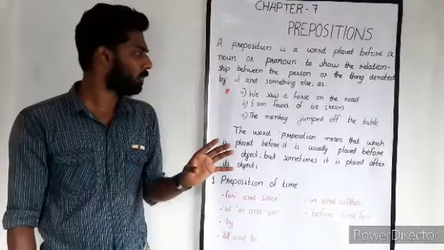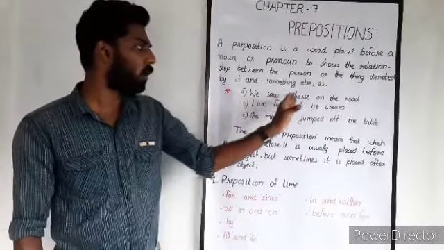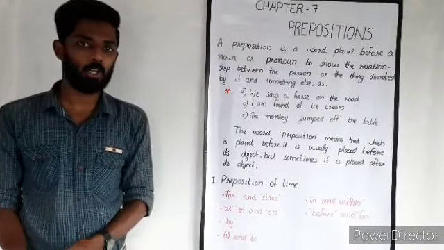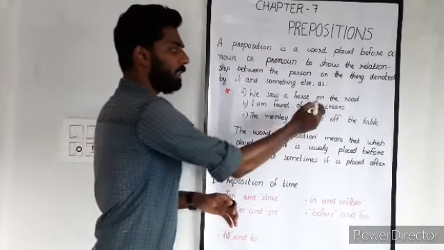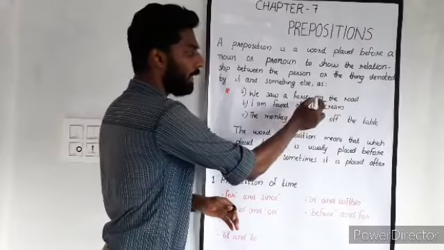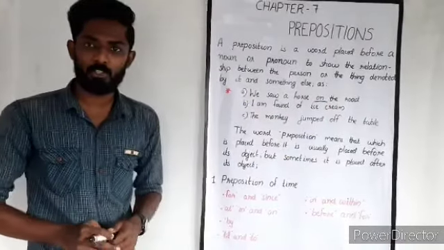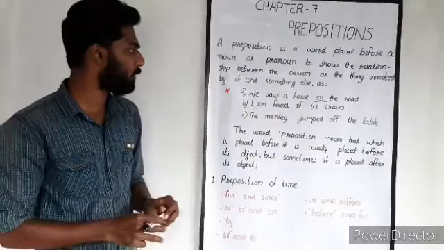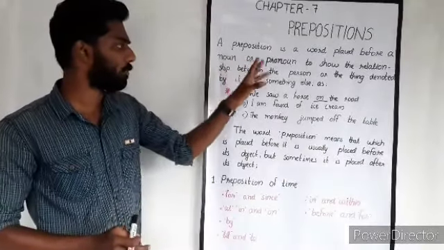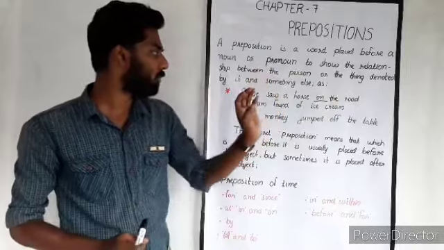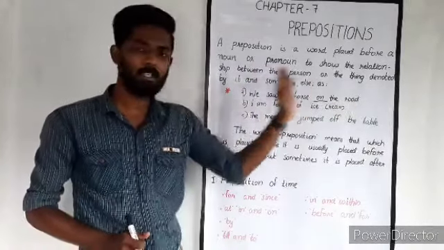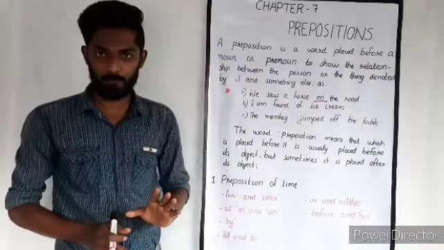For example, we saw a horse on the road. Here the word on is the preposition used in the sentence. It shows the relationship between the nouns or pronouns.